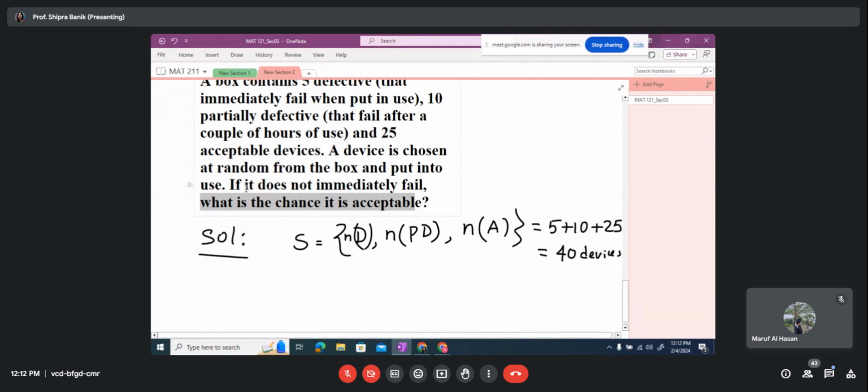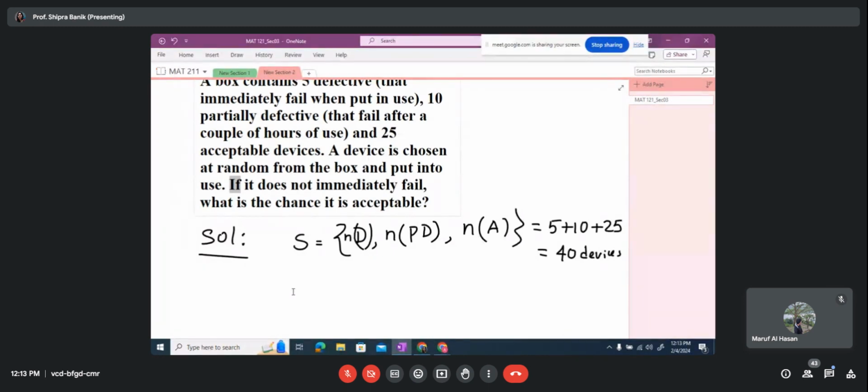Look, who is present? That is the probability we are calculating in a conditional way. If it does not immediately fail, what is the chance it is acceptable?